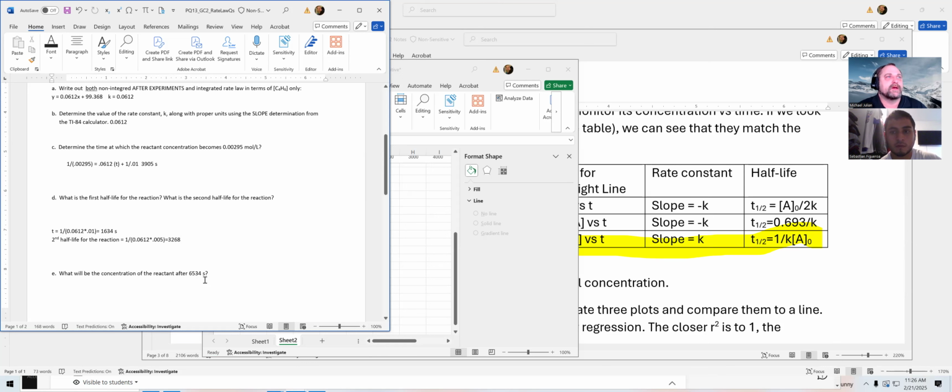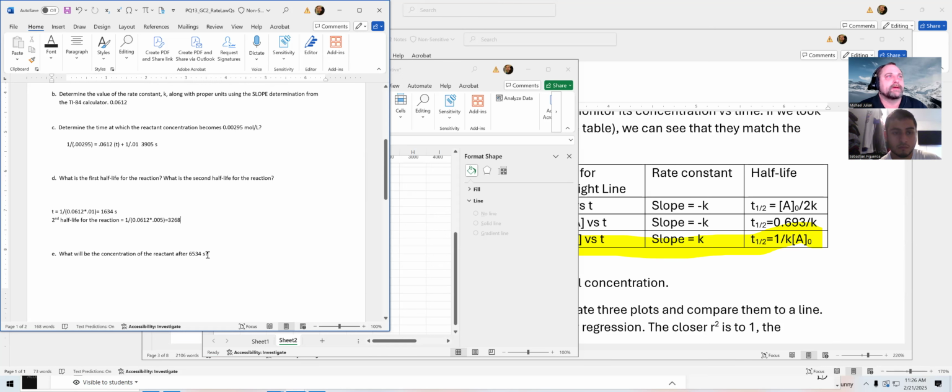Then they asked down here, what is the concentration of the reactant after this amount of time? So we're still using this same equation, 1 divided by the concentration. So we'll make that our x. 0.0612 times the time here is 6534. Now, 6534, hey, that looks about like this half-life, so it should be half of that.